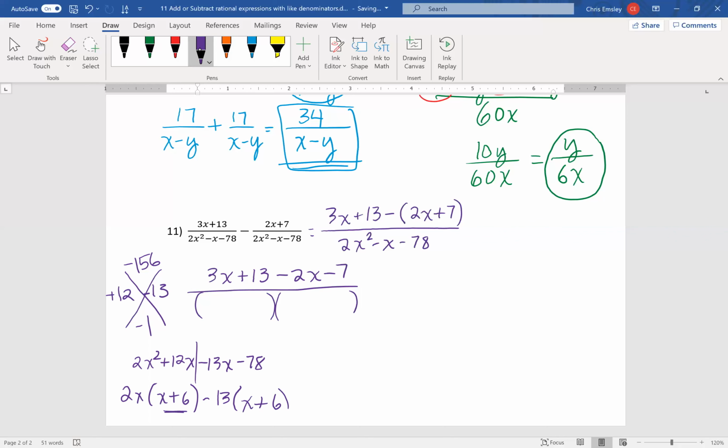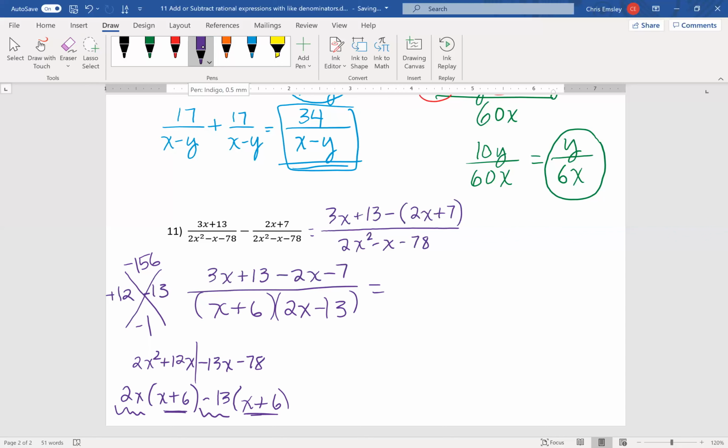So I can see here the x plus 6 is one of my factors. And what's left behind is 2x minus 13. That's my other factor. Let me write that a little neater. So I kind of took a little time out there and factored the denominator.